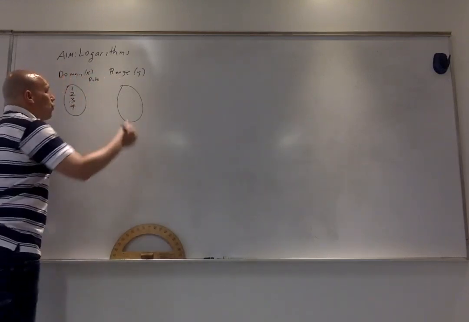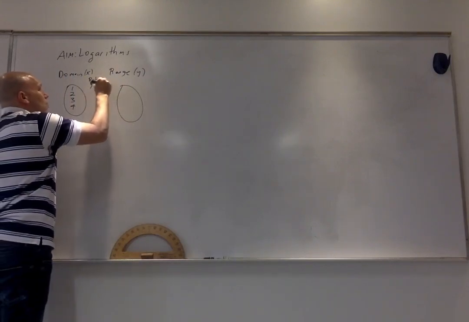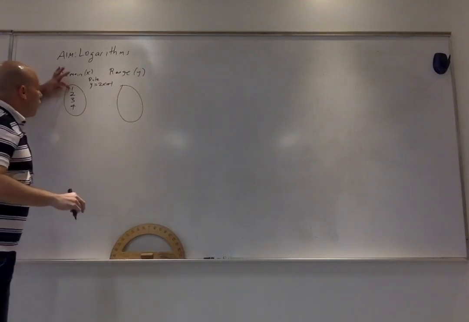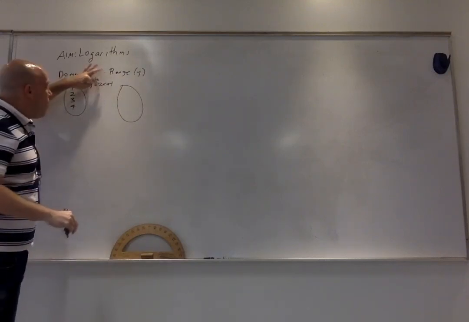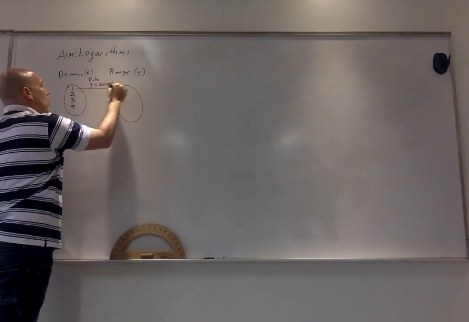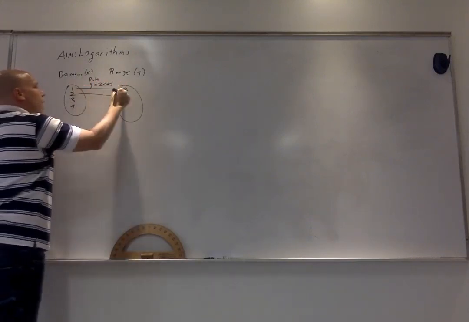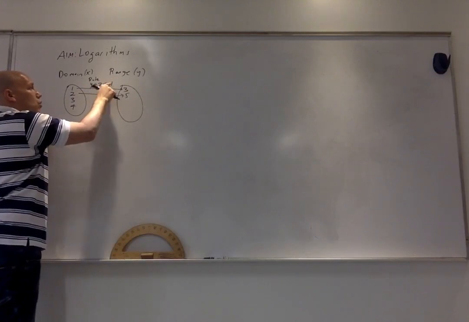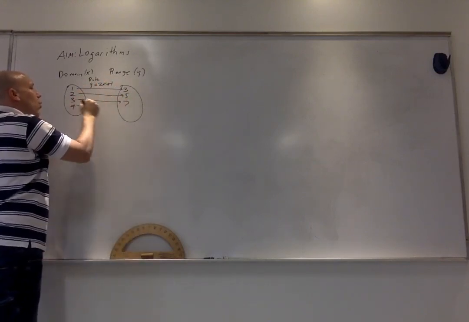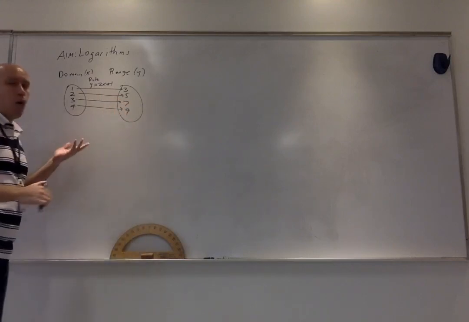For example, let's say the rule was 2x plus 1. We plugged the 1 into the rule: 2 times 1 plus 1 is 3. 1 went to 3. And 2 went to 5, because 2 times 2 is 4 plus 1 is 5. And 3 went to 7. And 4 went to 9.